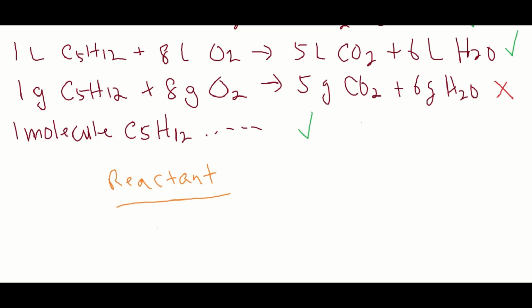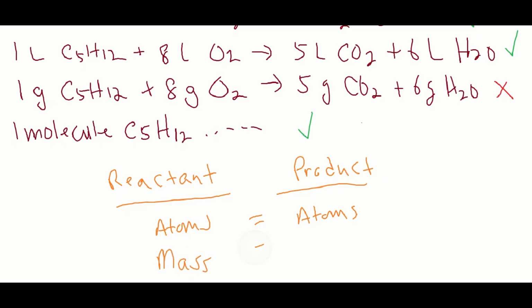The number of atoms of each element on the reactant side must equal the number of atoms of each element on the product side. And because that is the basis of mass, mass of the reactants must equal the mass of the products.